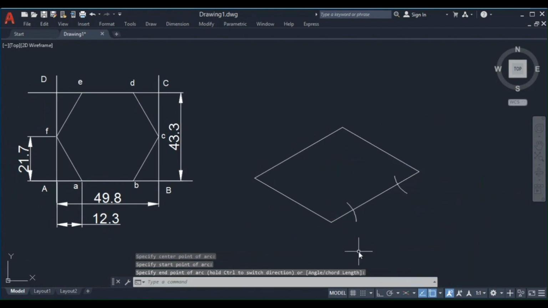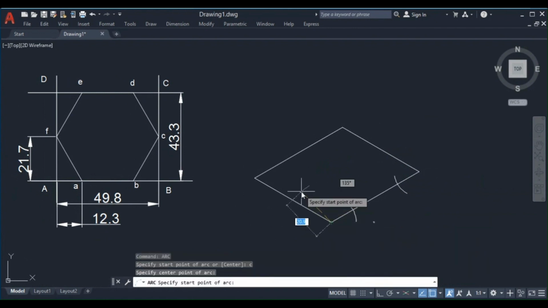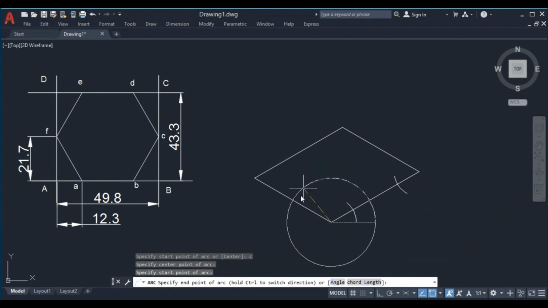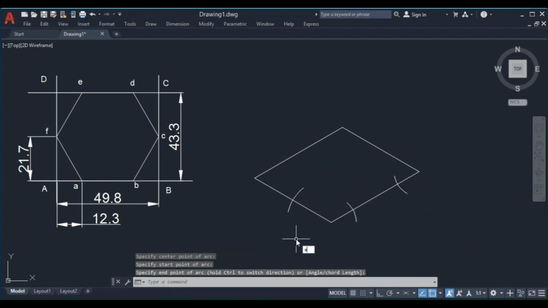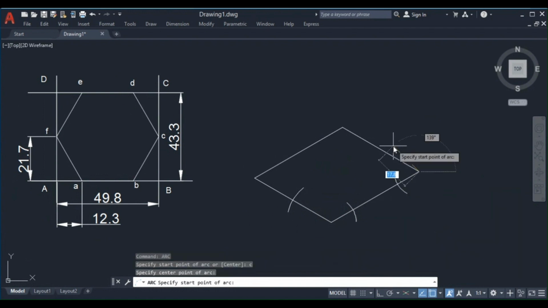So height 21.7, that length. This is 21.7. And this is also 21.7.